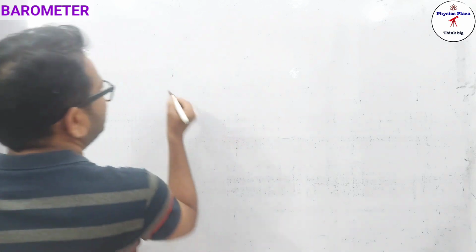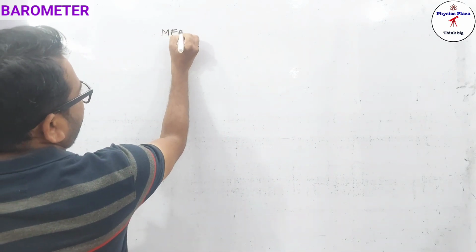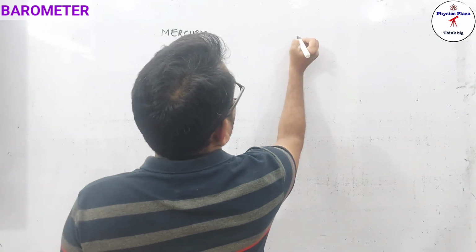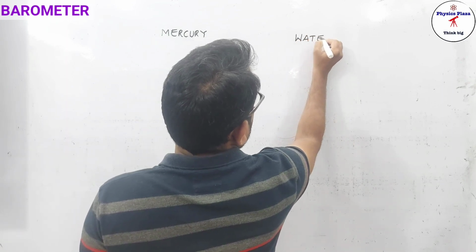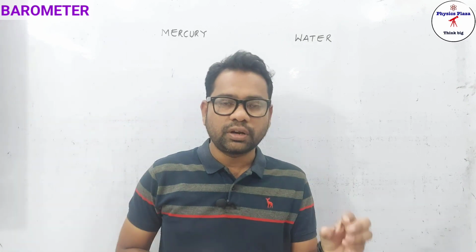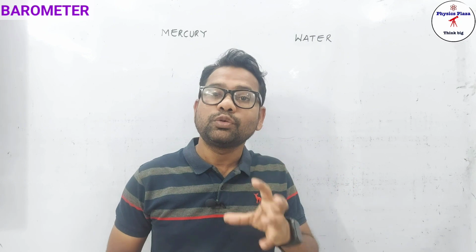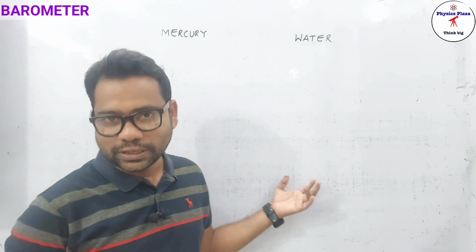Okay, fine. So here, let us see mercury versus water, then you will understand. Children, from the examination point of view this is also very important. They may ask why you prefer mercury as a barometric liquid, or why we can't use water as a barometric liquid. For these two questions, you are going to get the answers now.